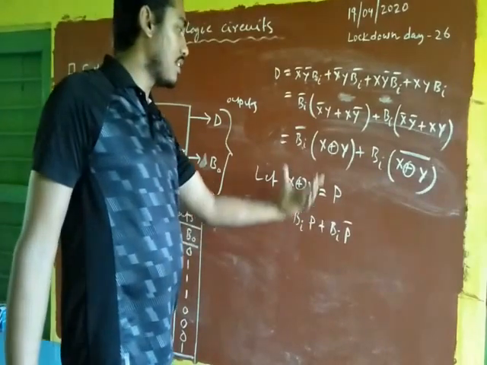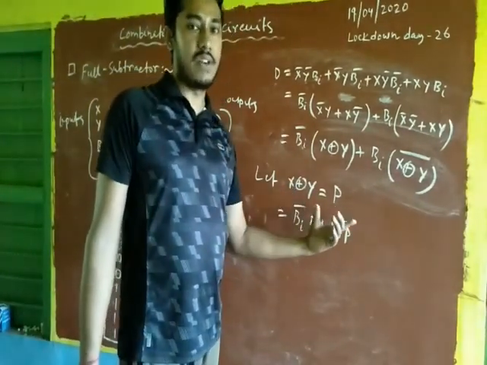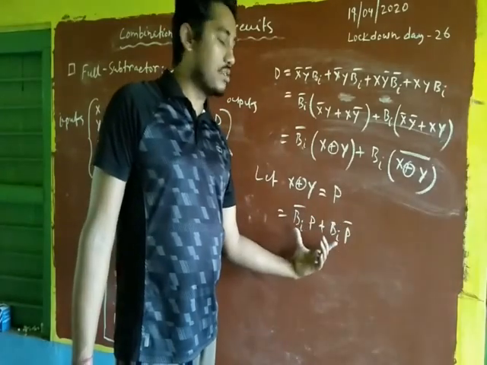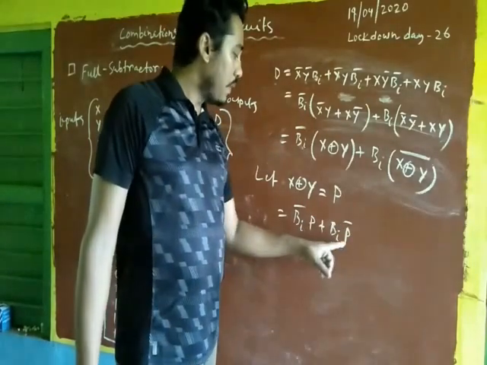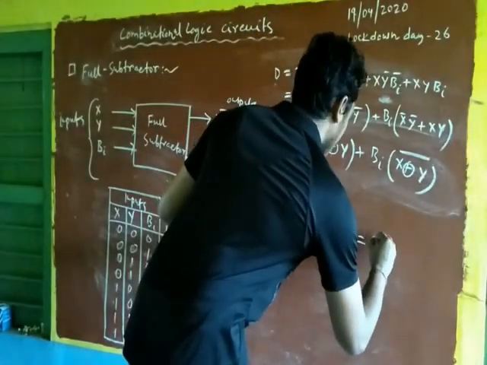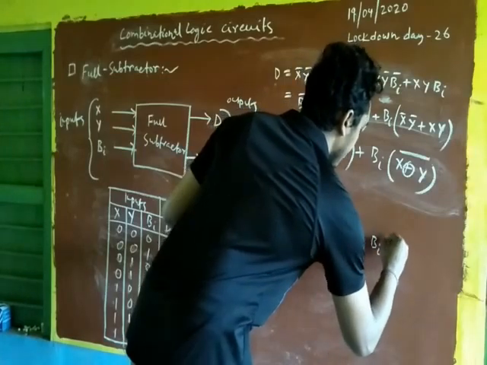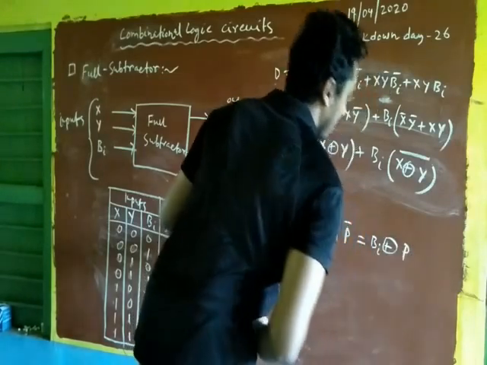That is the same type of representation, a b bar plus a bar b, so that is also the XOR expression. XOR of p and bi. So here we can write XOR of bi and p.